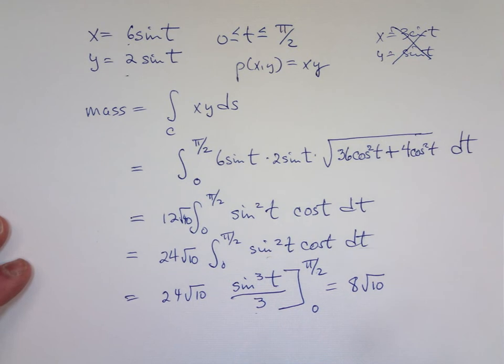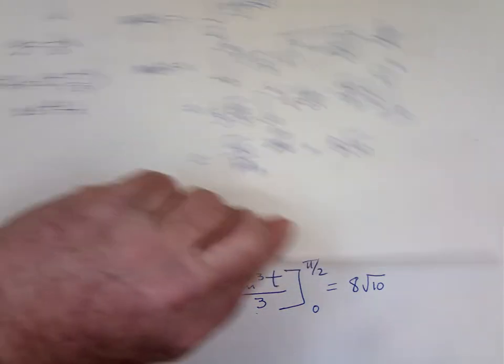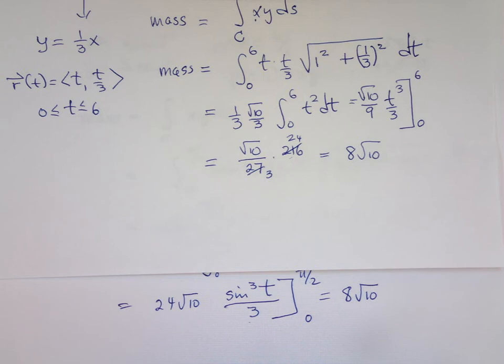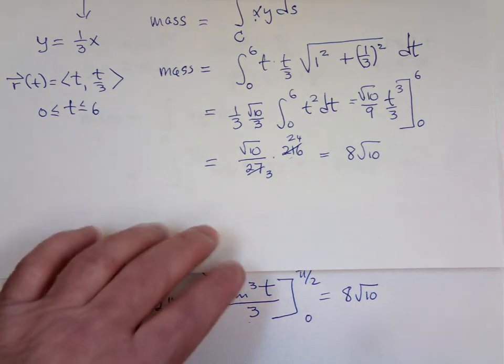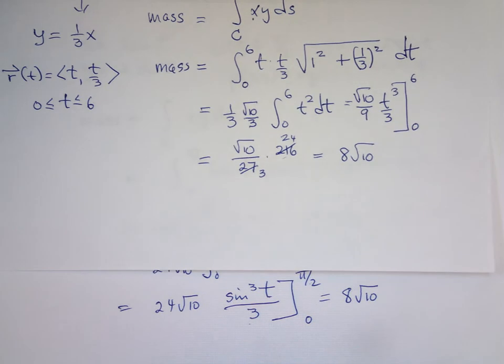And look at what happened here. Let me bring in the other one, and let's see. Wow. There you go. Any one of those infinite parameterizations that are used, the mass is going to be 8 square roots of 10.